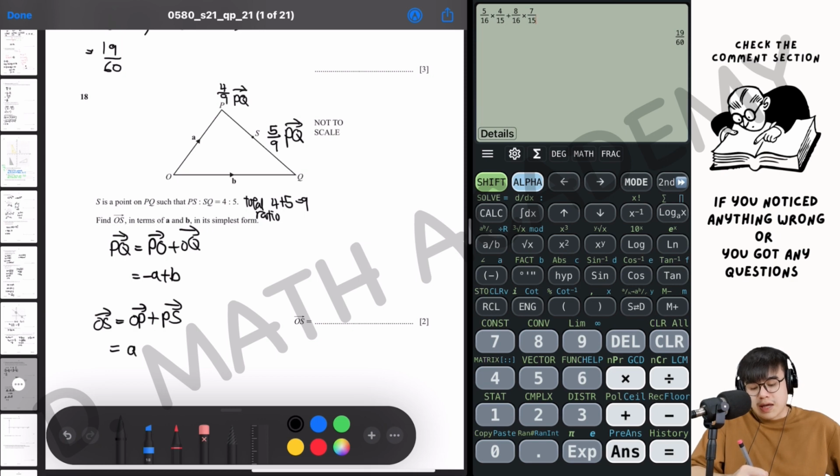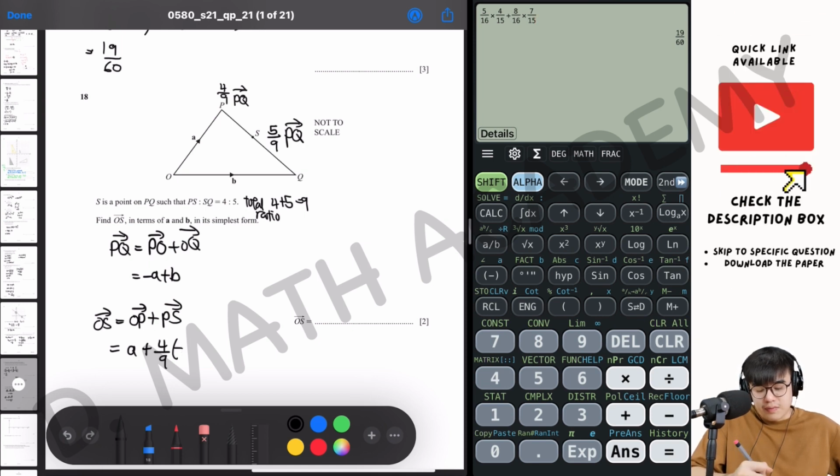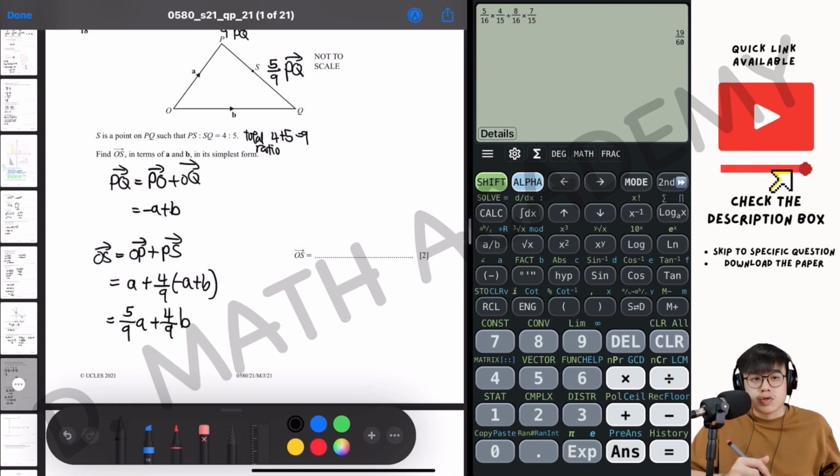OP was A, but PS will be 4 over 9 of our PQ that we identified earlier. When we write it down, it will be this. Next, you run your final calculation. So you got 5 over 9 of A plus 4 over 9 of B. That's how you get your final answer.